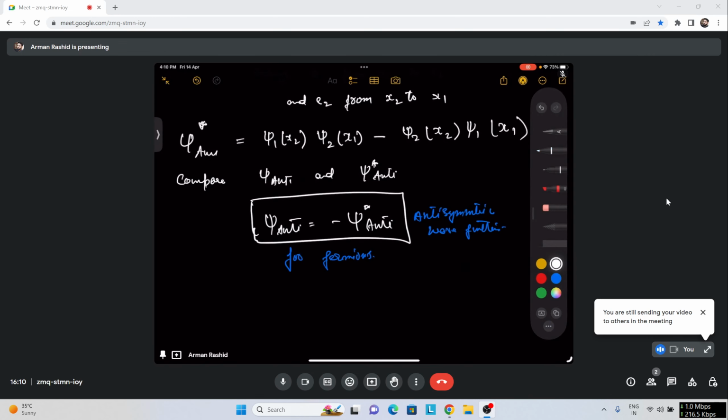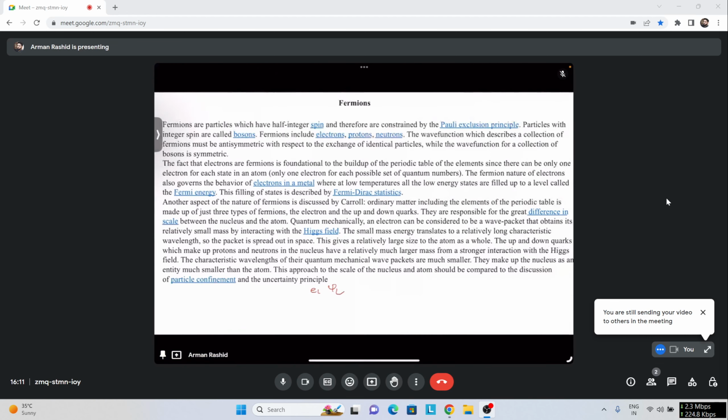But if we take that for bosons, psi of nt should be equivalent to psi of nt star. So this is for bosons. So this is a symmetric wave function.